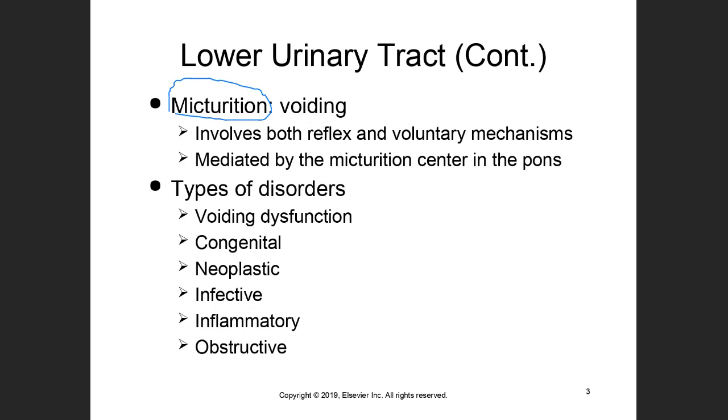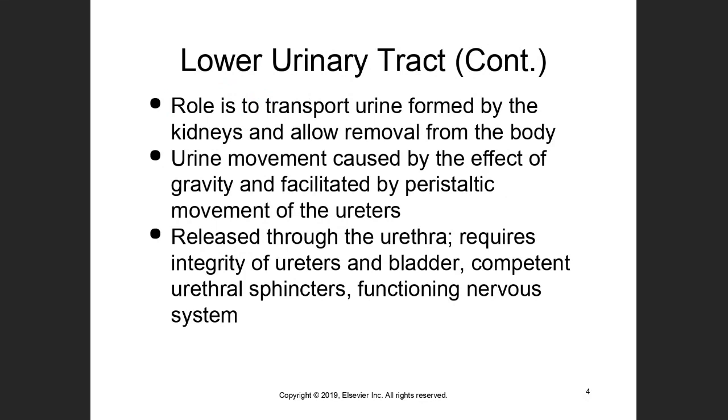Types of disorders we have: voiding dysfunctions, congenital, neoplastic, infection, inflammatory, and obstructive. The role is to transport urine formed by the kidney and allow removal of that urine. That's basically the function of the lower urinary system.